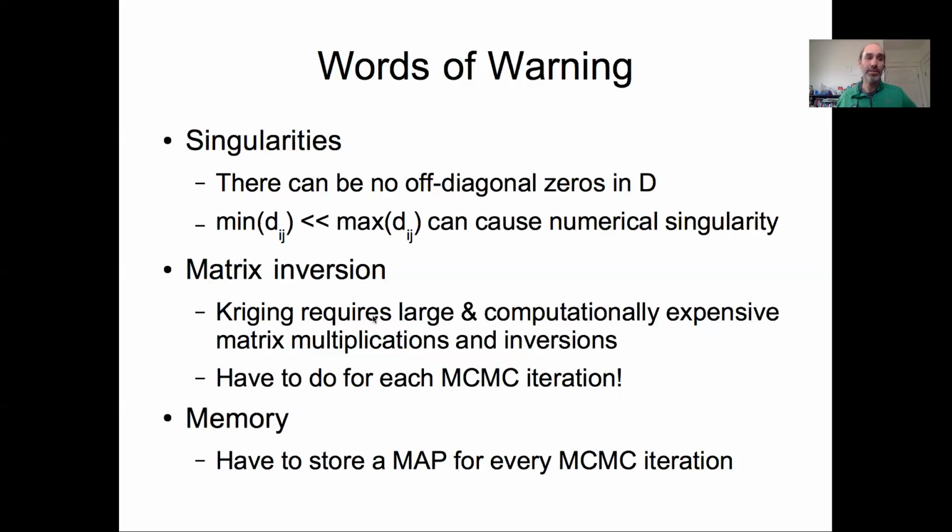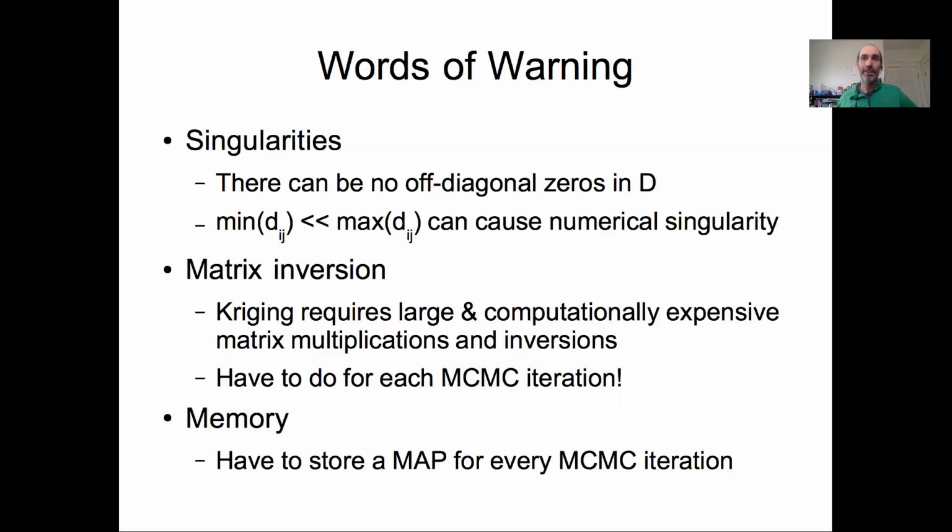So the computational demand of spatial models goes up a lot because of the computational cost of matrix algebra. To give you an idea, a matrix inversion implemented naively is what's called an order n cubed operation, which means if n is the dimension of the covariance matrix, the time it takes to do that calculation scales as the cube of n.